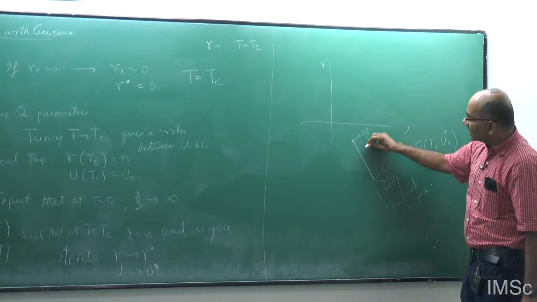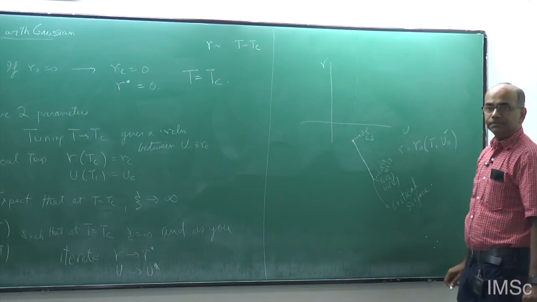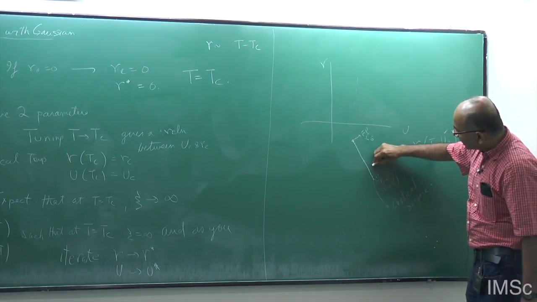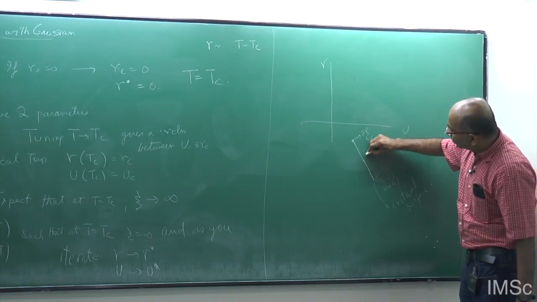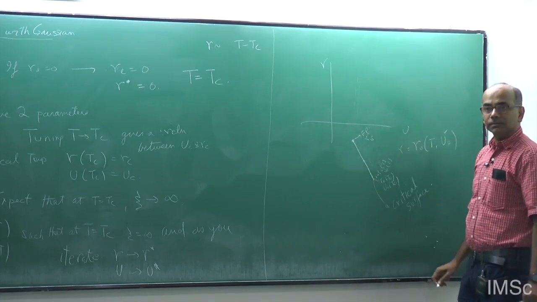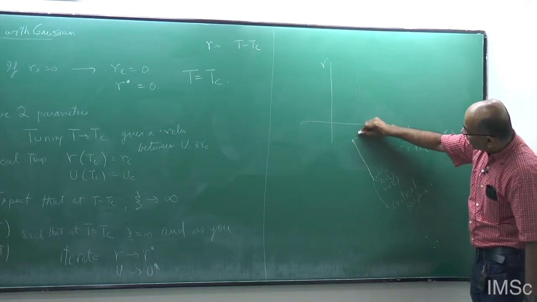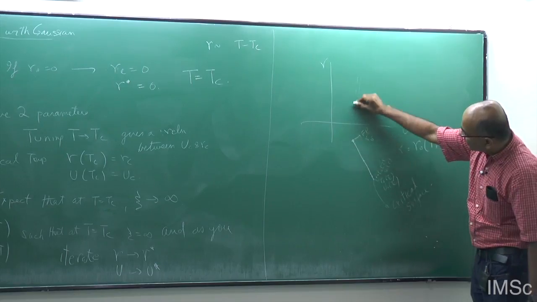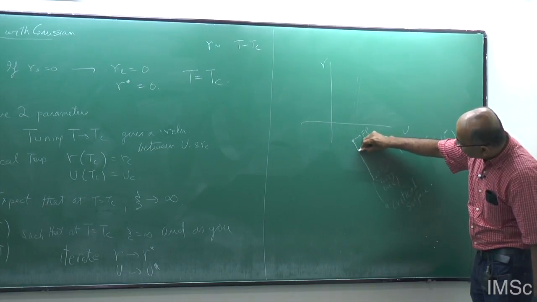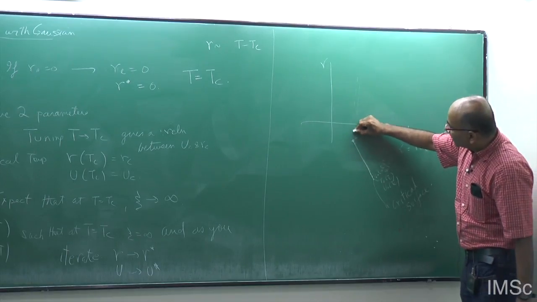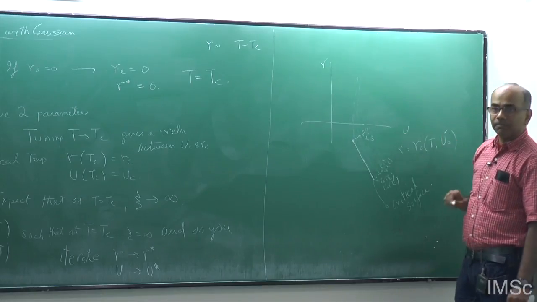At some point you will deviate and go off like that. The further your initial point is from the curve, the sooner you start deviating. Starting from here you'll go like that. Starting very close to the curve, you'll almost hit this point, but then you'll start deviating. If you're right on this curve, you'll hit that point and stop.